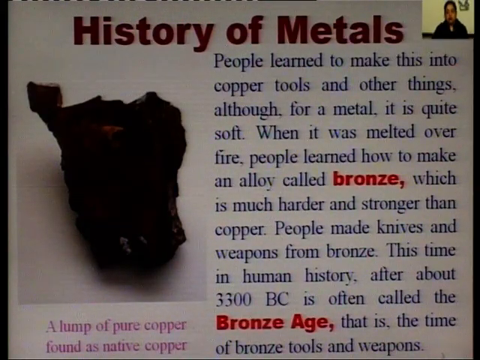People learned to make this into copper tools and other things, although for a metal it is quite soft. When it was melted over fire, people learned how to make an alloy called bronze, which is much harder and stronger than copper.